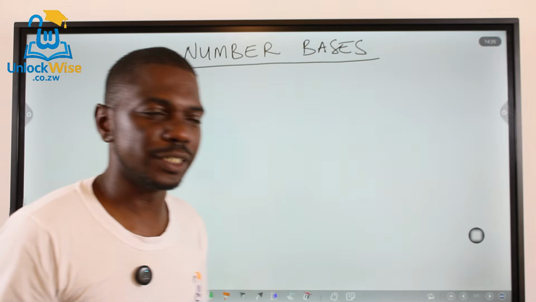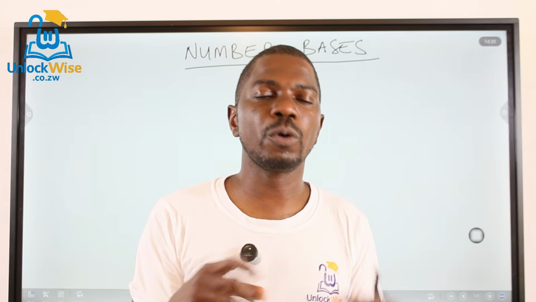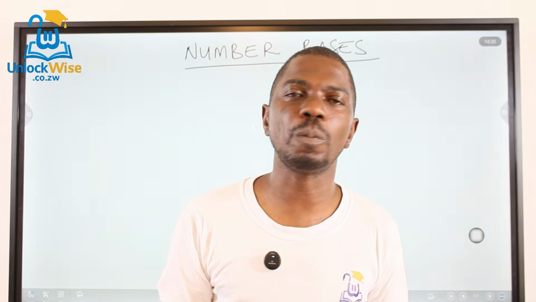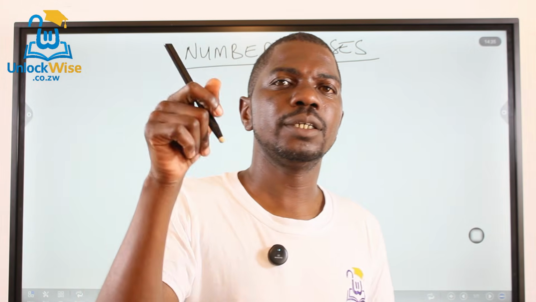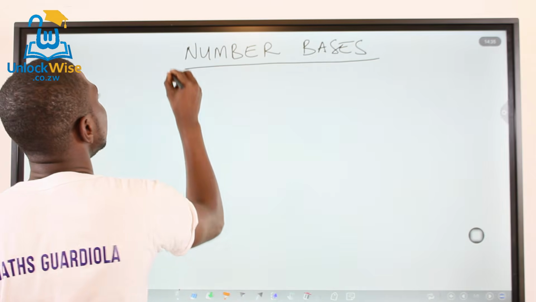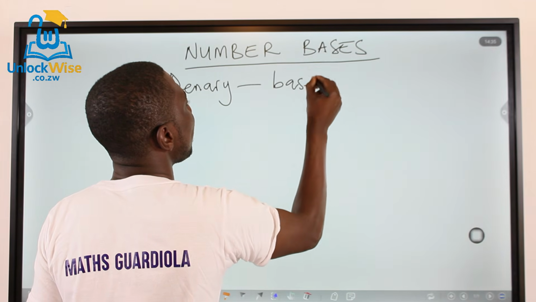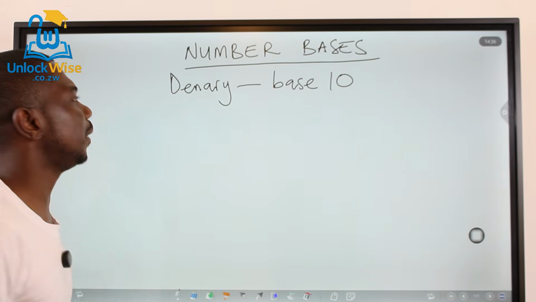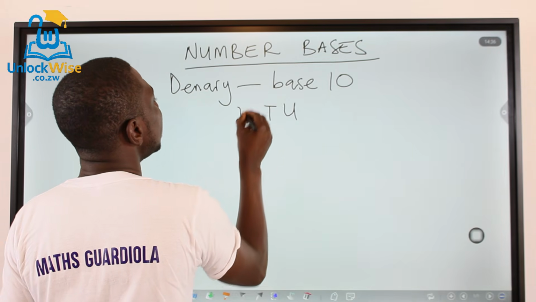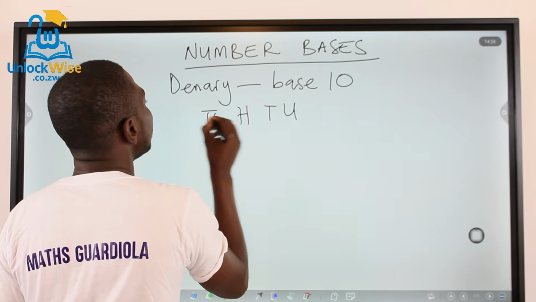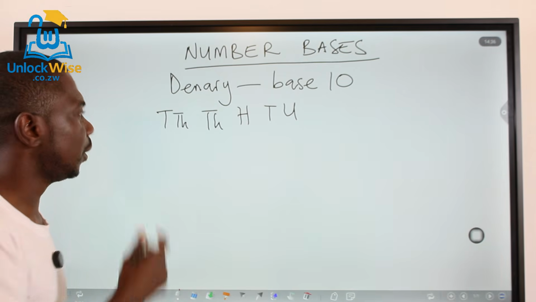Now, under number bases, we also have other concepts under the subtopic, right? And normally we deal in base 10, which is known as the denary base, which is base 10. Of which in base 10, we have our units, our tens, our hundreds, our thousands, our tens of thousands, and so on and so on, right?